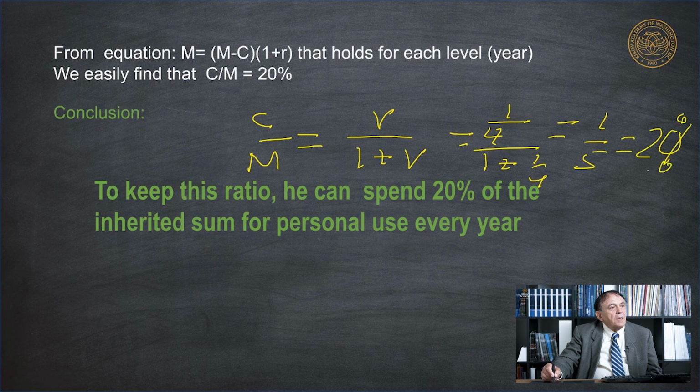And this is 1 plus 1/4, which is 5/4. 4 and 4 cancel out, and you have 1 over 5, which is 20%. So we found right away that he must put aside not more than 20% of the inherited money. Okay? So the problem is solved in a very simple way, using this abstract model and reasoning.